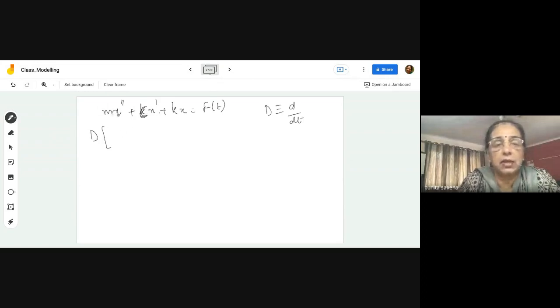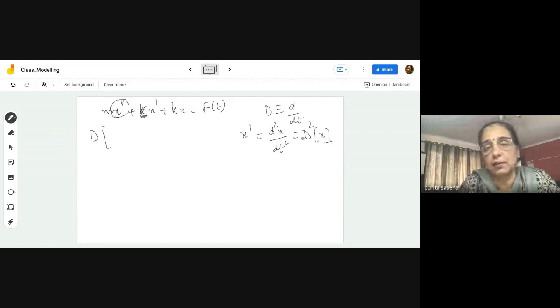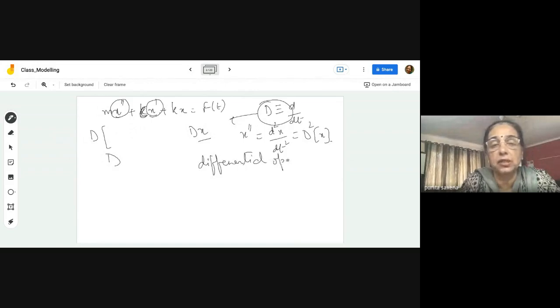Since x'' is d²x/dt², the operator is operating twice on x here. Similarly, x' means the operator is operating on x. So D can be regarded as a differential operator, so that when it operates on some function, the output is nothing but a derivative. This is something we have already done in second semester, right?